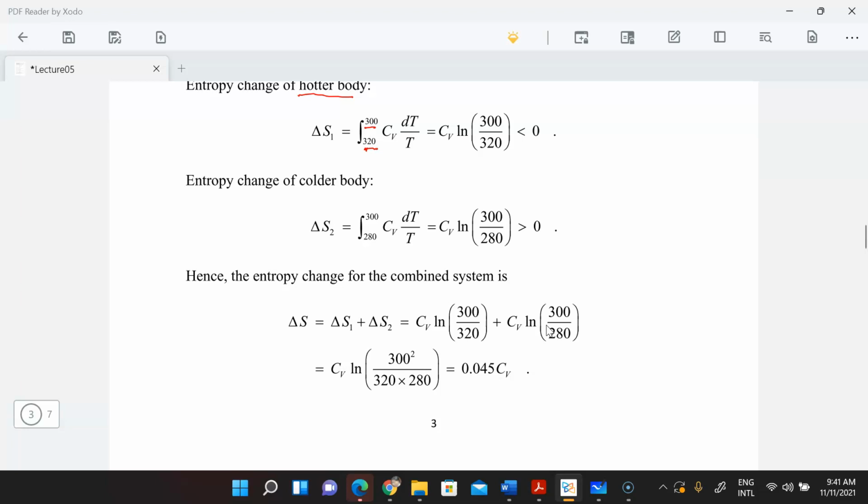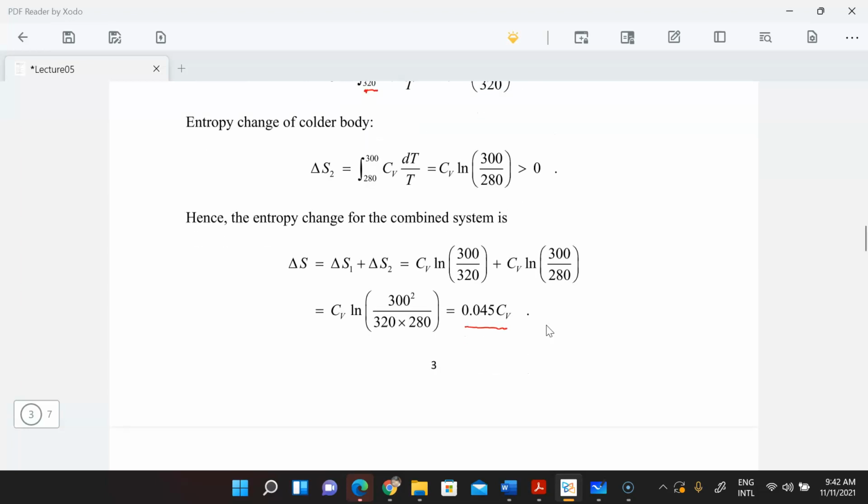So you have your 300 times 300 divided by 320 times 280, and you can calculate that, and essentially that gives you this quantity. Okay, so there is this non-zero change in entropy in this irreversible process.